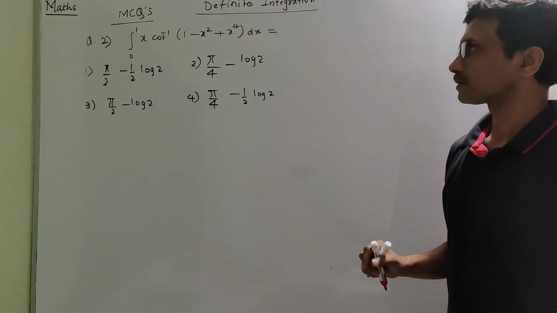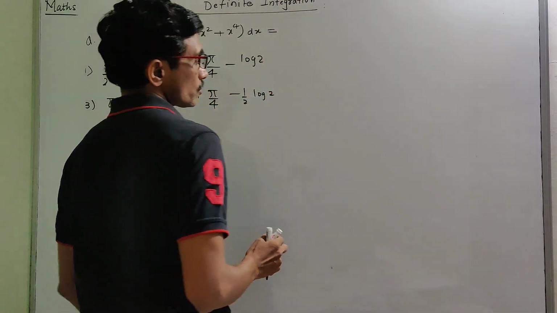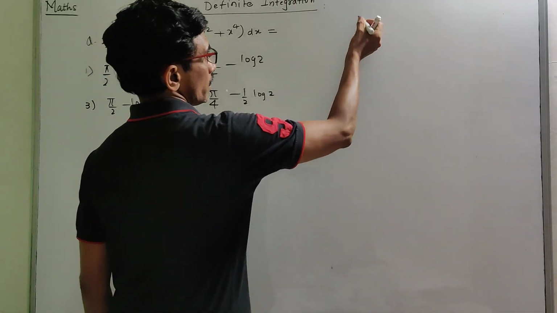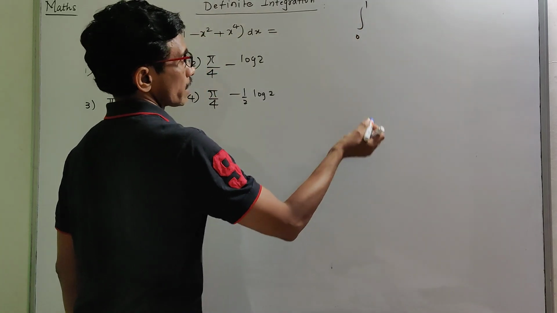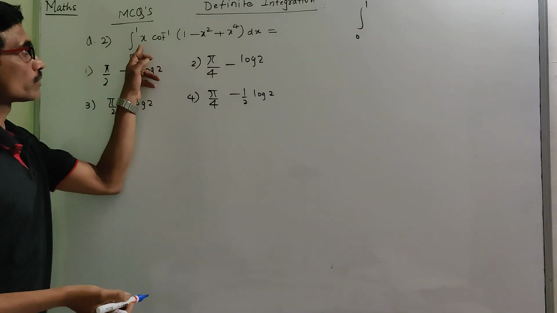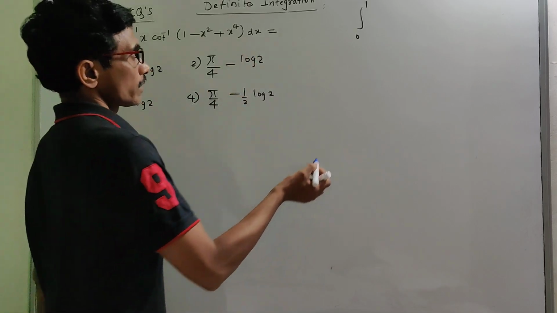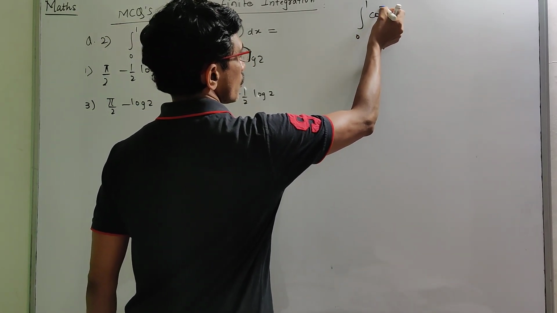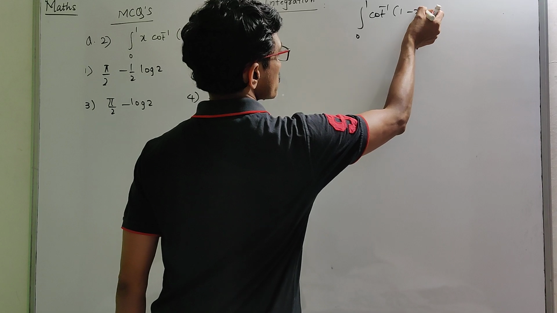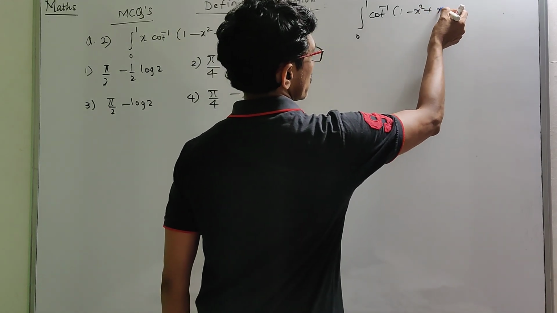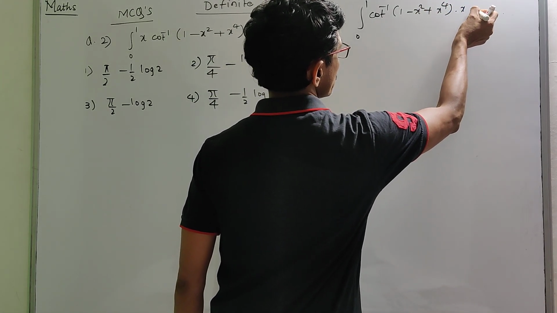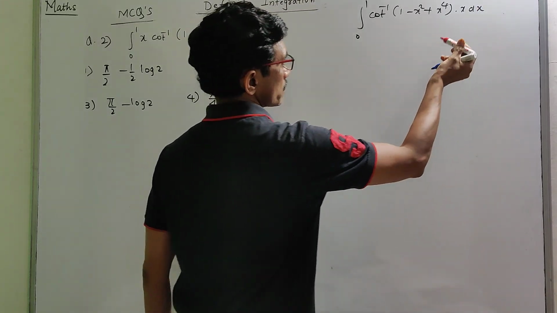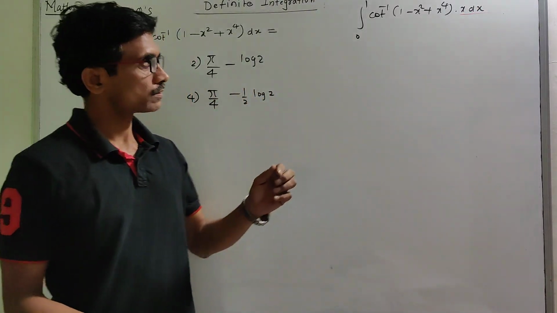We use that. So write this integral 0 to 1 of x cot inverse of (1 minus x square plus x to the power 4) dx. See this x dx.